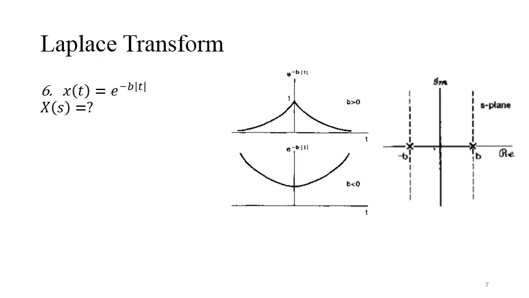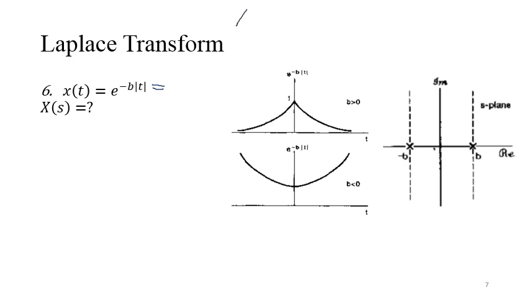So let's consider another example, where x of t equals e power minus b absolute of t, right? Let's first write the equation for the Laplace transform.